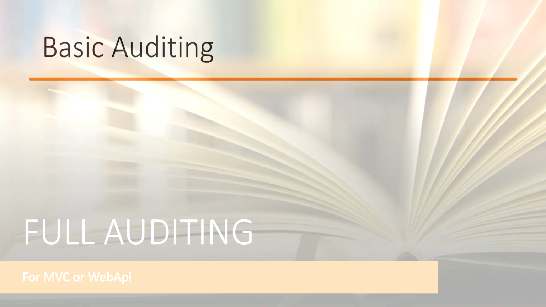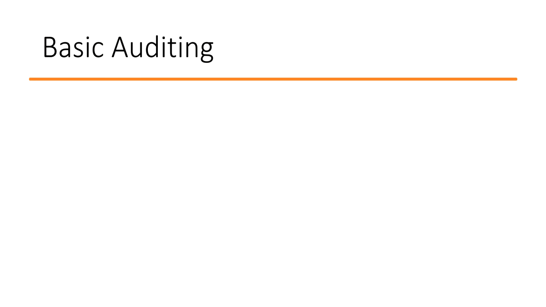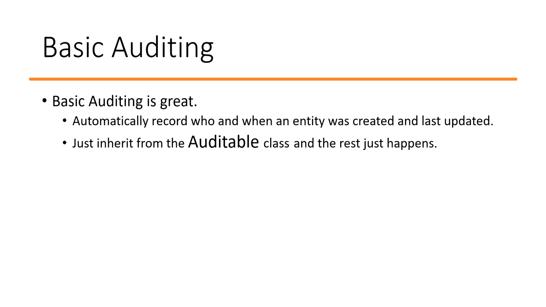But let's just go back for a second, talk a bit about basic auditing, right? I think you'll agree with me, it was amazing, right? What we could do with relatively a few lines of code, right? Stuck in one or two key places, and that was it. The system was virtually automatic after that point. We added a few changes to our whole save data procedure in our DbContext, and boom, all we had to do was inherit from the Auditable class, and as I say here, the rest just happens, right?